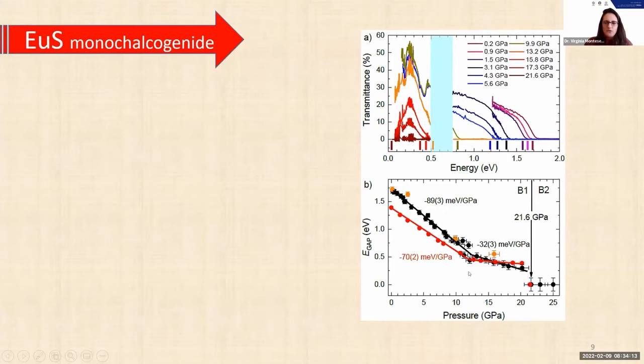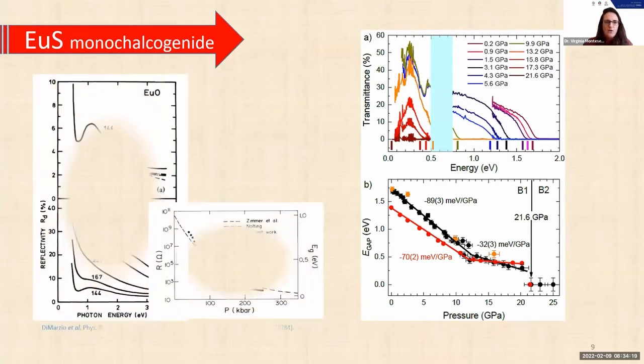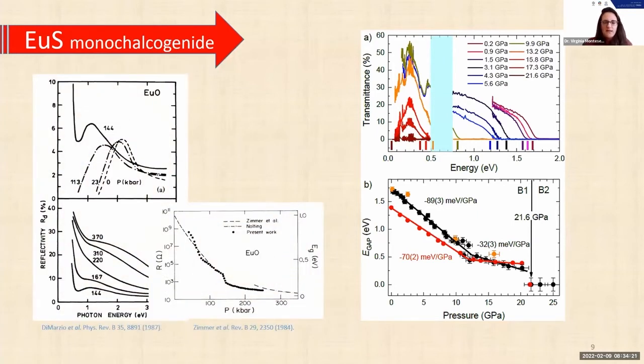However, if we focus on this point around 14 gigapascal, we see in other europium monochalcogenides similar electronic discontinuity or electronic anomalies. In europium oxide, you see this resistance drop at the same pressure, 14 gigapascal, and also here you see the reflectivity rise around 14 gigapascal.